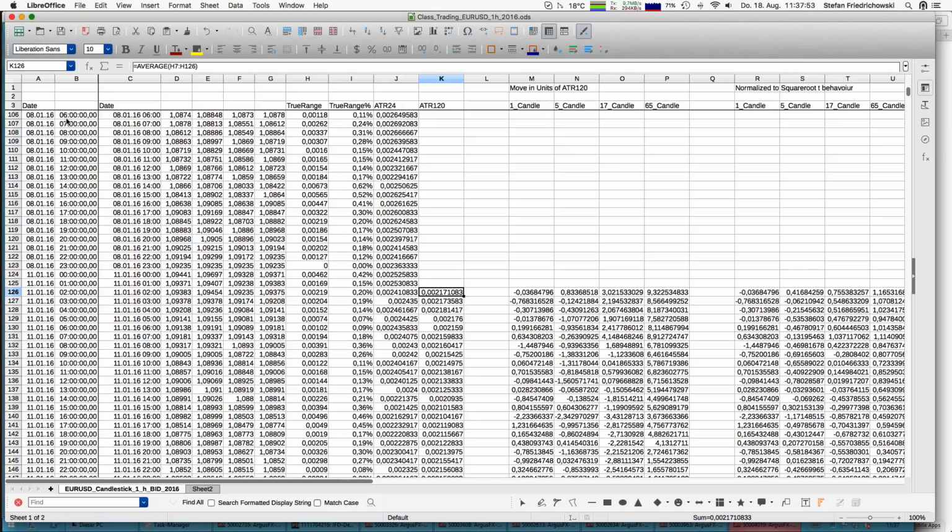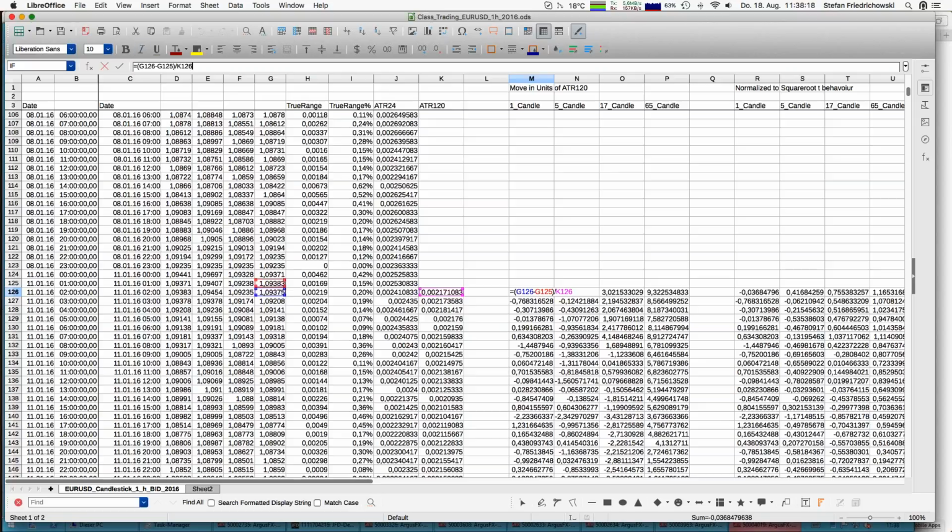That is only for mathematical reason, because I need the absolute number here and not a percentage number. So we know how to calculate that ATR. Then the next calculation is done. If you look at the formula here, I look for the movement of the one candle.